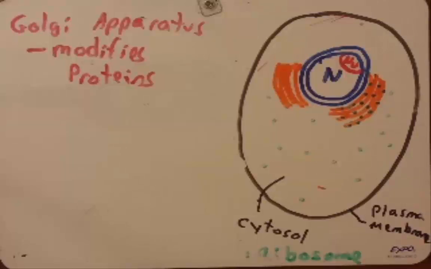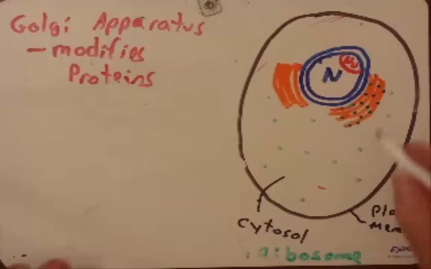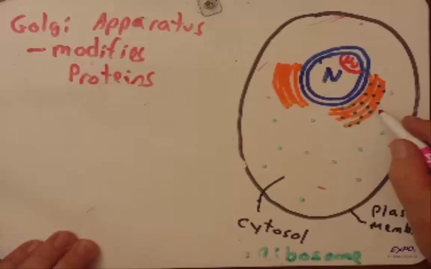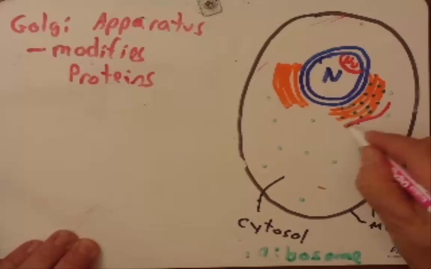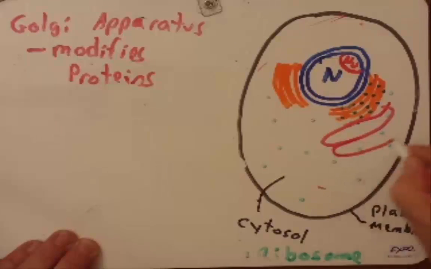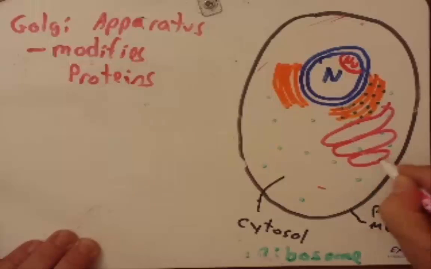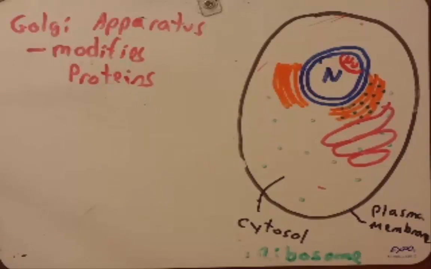It can add various kinds of sugars to these proteins, and typically we're going to find these Golgi apparatuses localized close to the rough ER. Often the proteins that are made in the rough ER get shuttled into the Golgi. So they're often localized close to the ER, the rough ER.